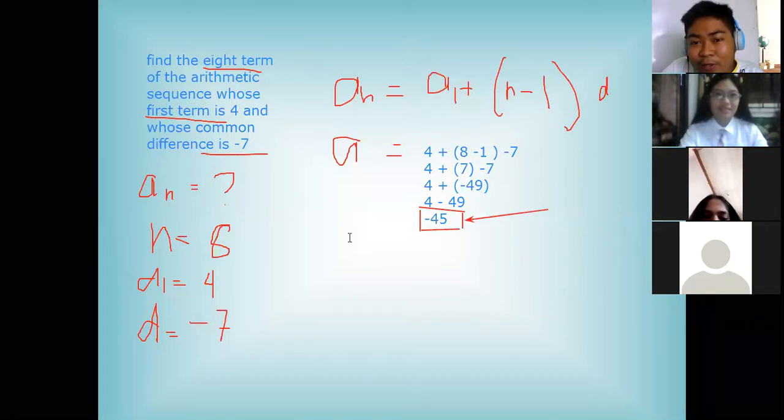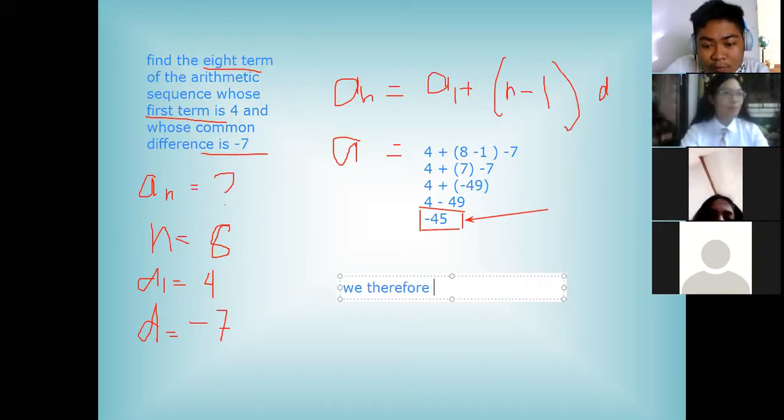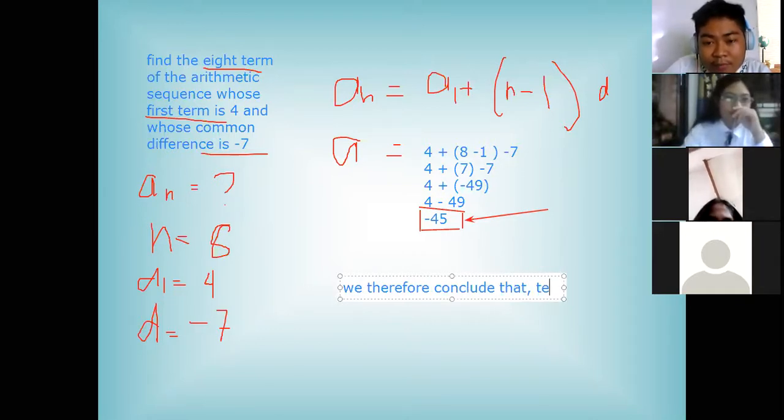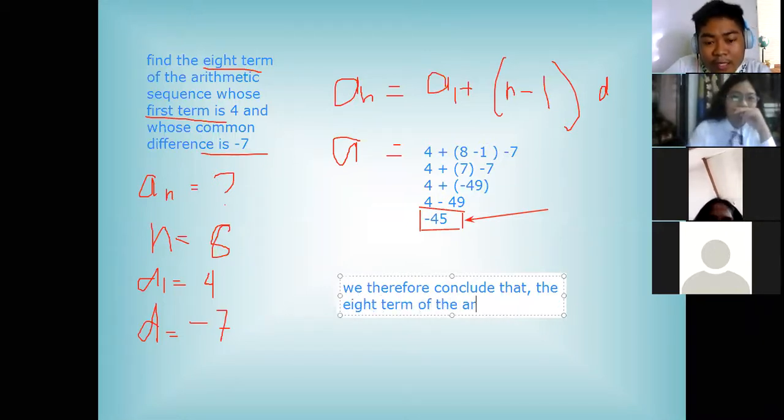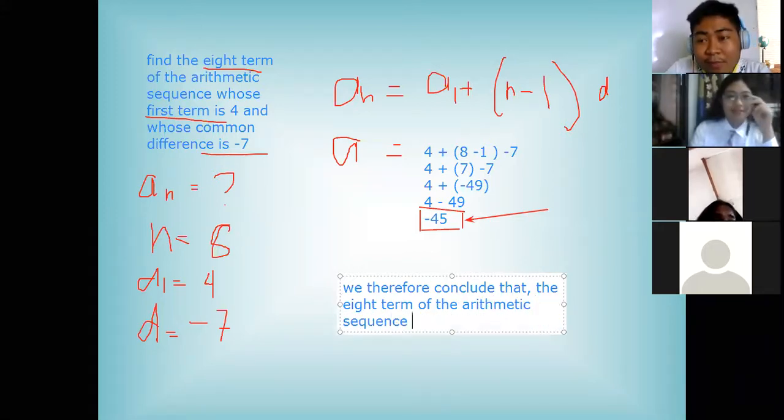So, therefore, we conclude that -45 is the 8th term of the arithmetic sequence.